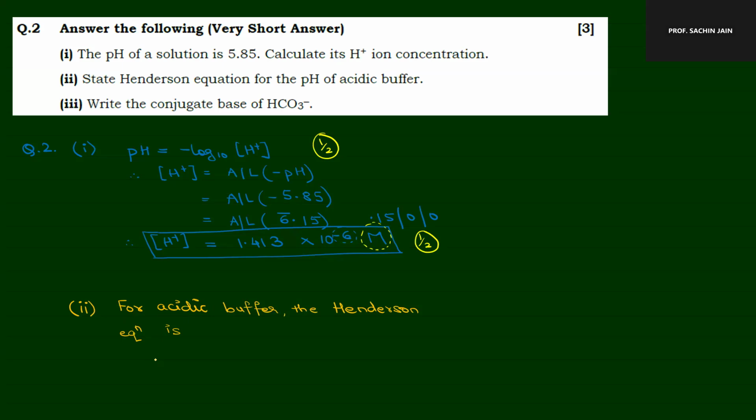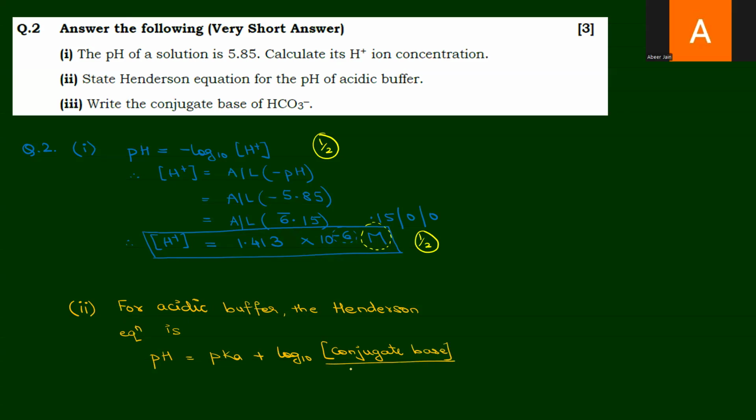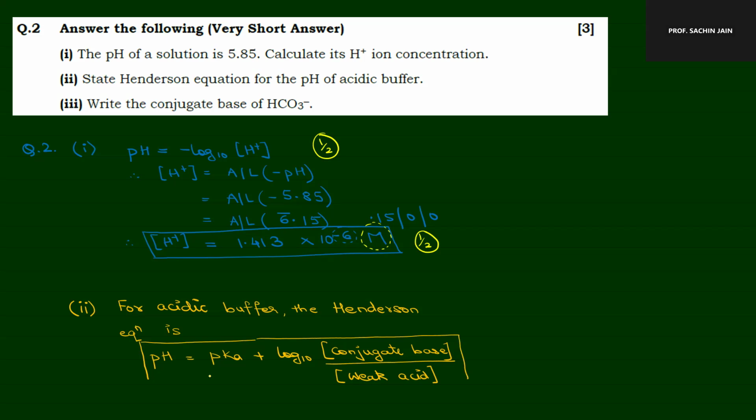For acidic buffer, the Henderson equation is given by pH equals pKa plus log to the base 10 of concentration of the conjugate base upon concentration of weak acid. We have already done this in NEET too. Nothing different here. Just for 1 mark this equation was asked, and if you have written this equation, you will get 1.